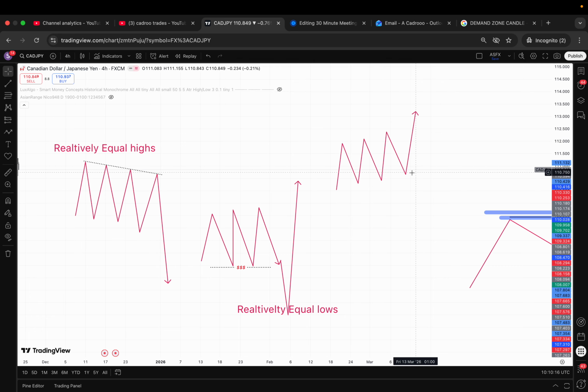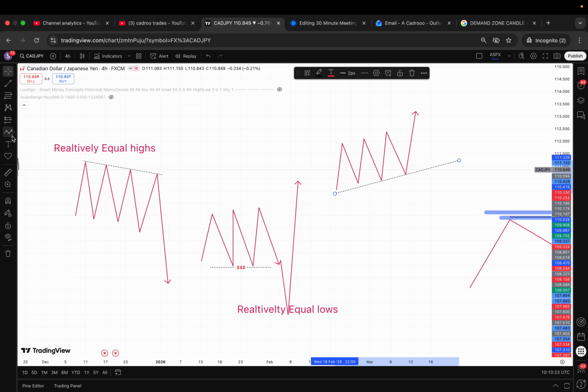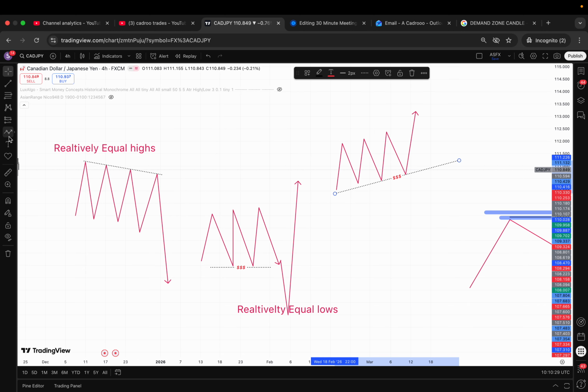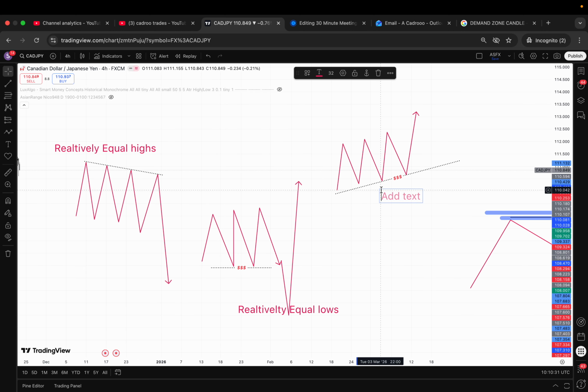We always see price building up trendline liquidity. Guys, I'm going to teach you guys how to read liquidity different from anybody else.